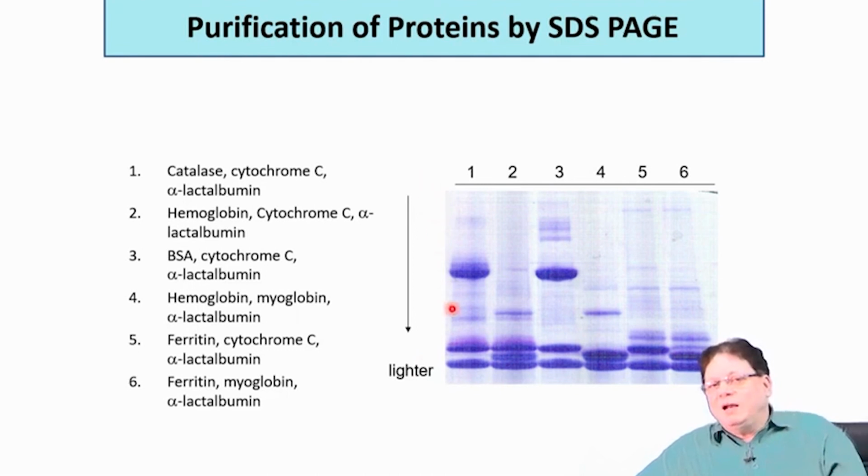From that you can tell the molecular weight of each protein, because you have molecular weight markers on one side, either this side or that side. Okay. I think that is the SDS PAGE purification.